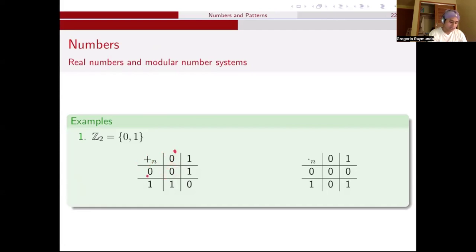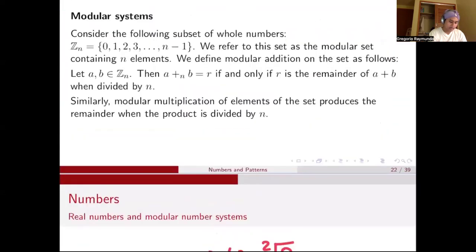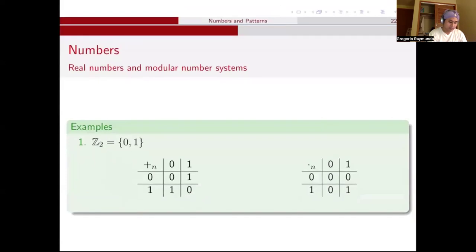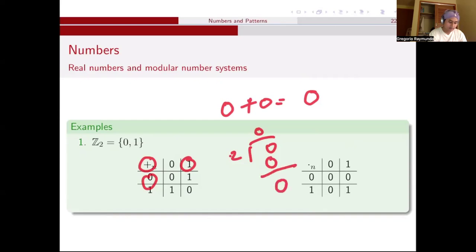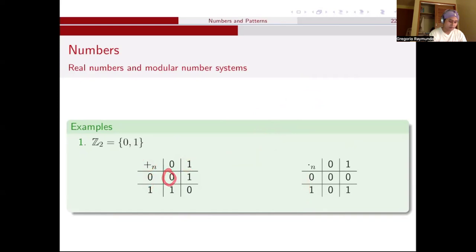Kailangan mo i-divide by 2, no? 0 plus 0 is equal to 0, and then divided by 2, we get 0. 0 times 2, 0. So, ang remainder natin, 0. Hindi pala quotient ito, kinukuha natin remainder. So, remainder is 0.